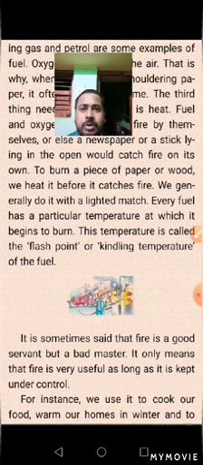You all know that every fuel has a particular temperature at which it begins to burn. This particular temperature is called the flash point or kindling temperature of the fuel. Okay, now you understand what the flash point of a fuel is.